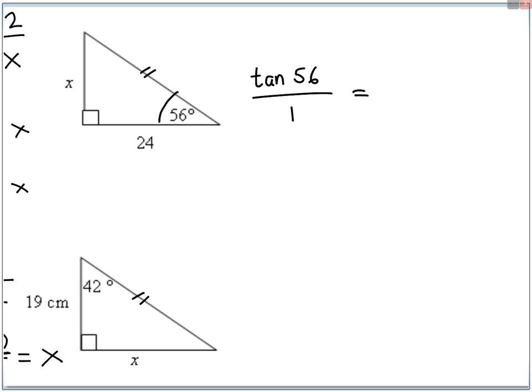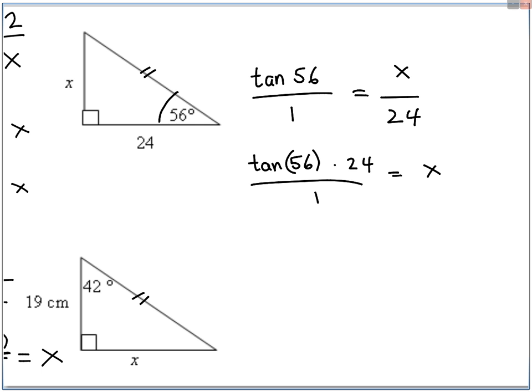Which one's opposite 56? X over 24. To solve this one, you multiply tangent 56 by 24 and divide by 1, and you get x. 35.6.